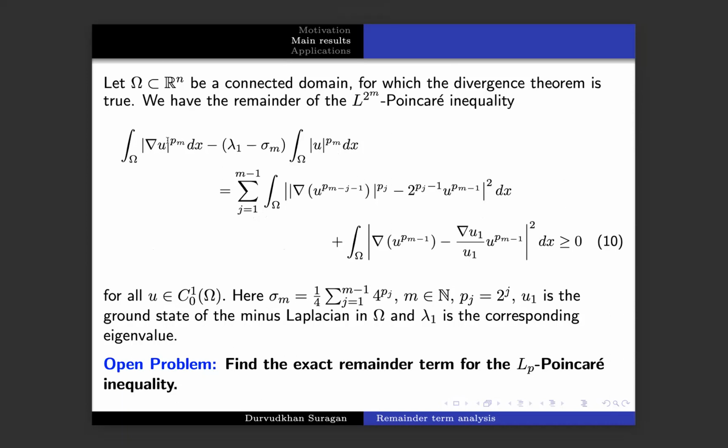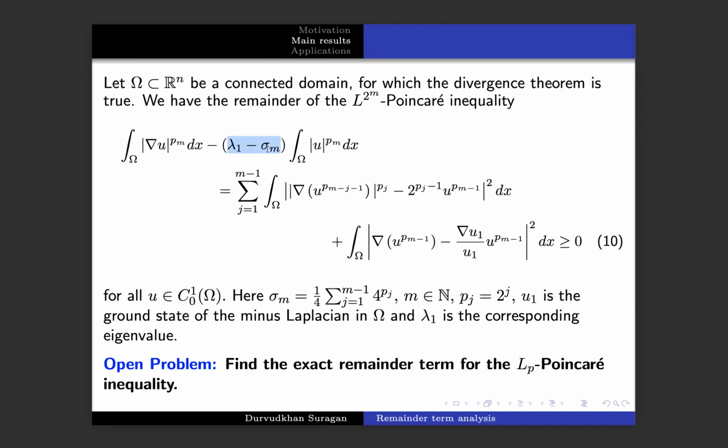And on the left-hand side, we have some difference. It looks like some remainder formula, but the problem is that here, if this value is negative, in that case, it gives nothing. If it is positive, on the right-hand side we have a positive term, and that gives us the information that this difference is indeed positive.